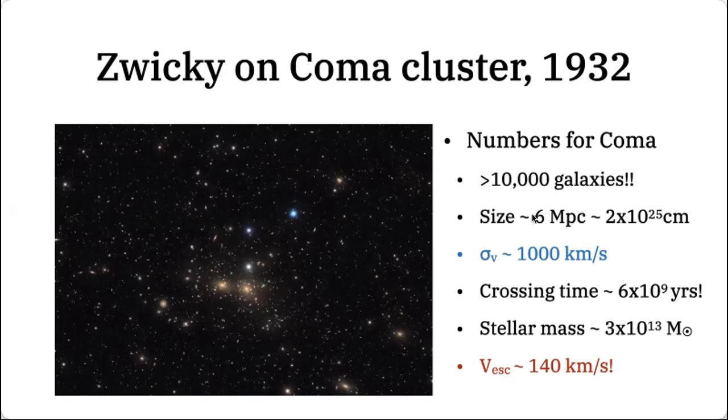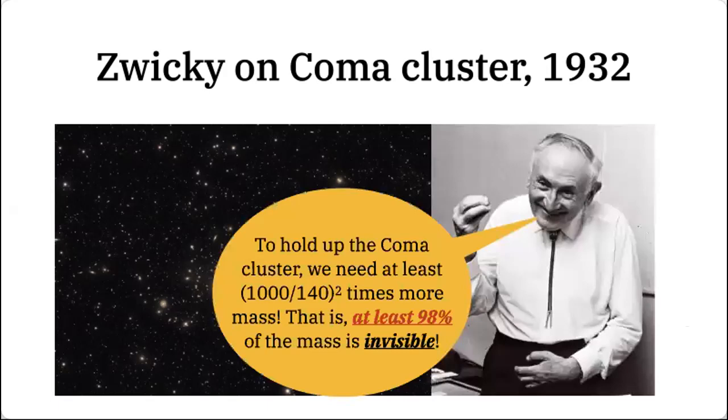That was the first clue about dark matter. To explain how those 10,000 galaxies are held together by gravity, we need about 98% missing matter, meaning invisible matter in that cluster. That was what happened in 1932.